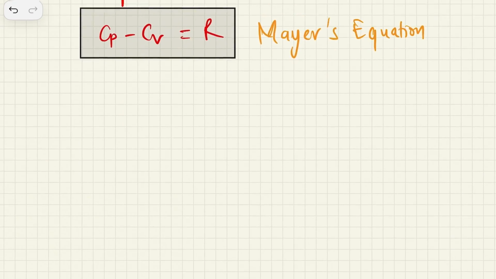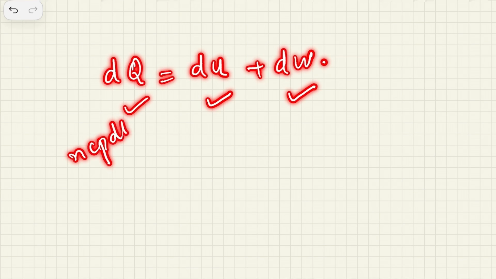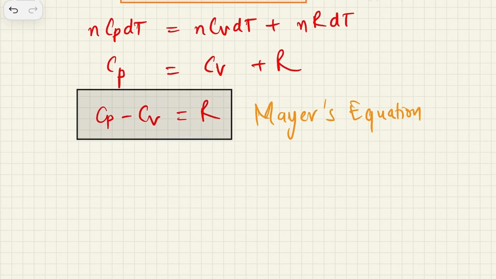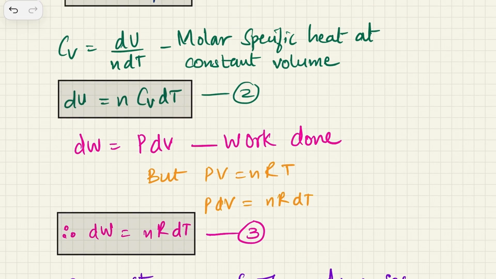Then find dq, du and dw. So dq is n Cp dt, du is n Cv dt, and dw is nR dt. Just manipulate those things and you will get the result.